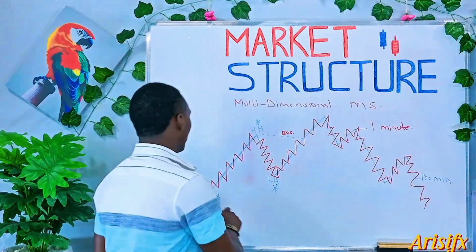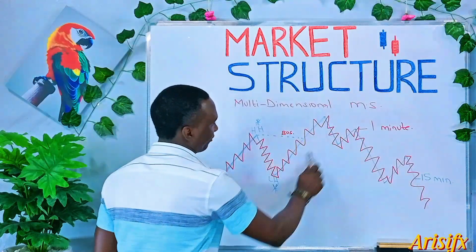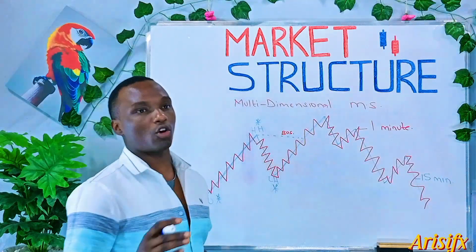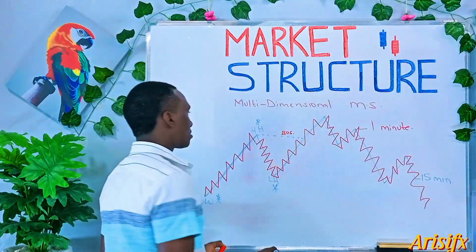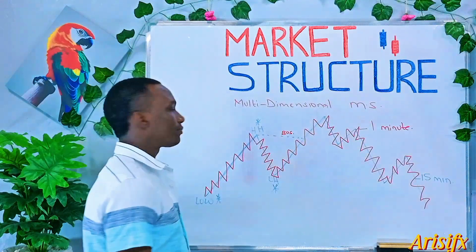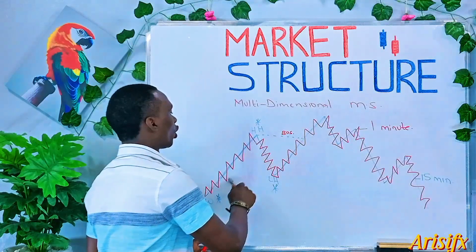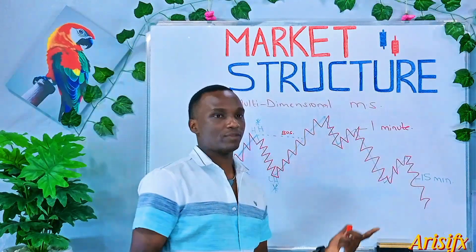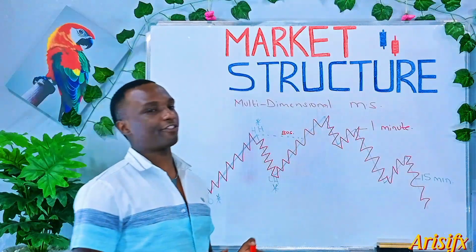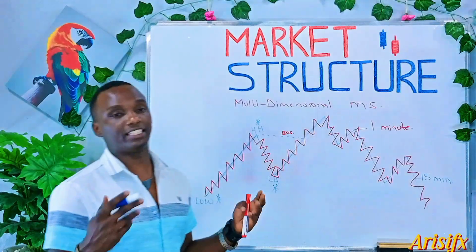Within this 15 minutes time frame, if you're looking at the market on the 1 minute time frame, you are likely to see that the market forms additional internal market structures. If you go to the 5 minutes time frame, you'll see something completely different.